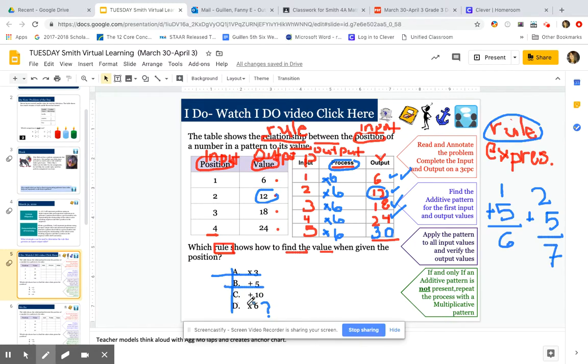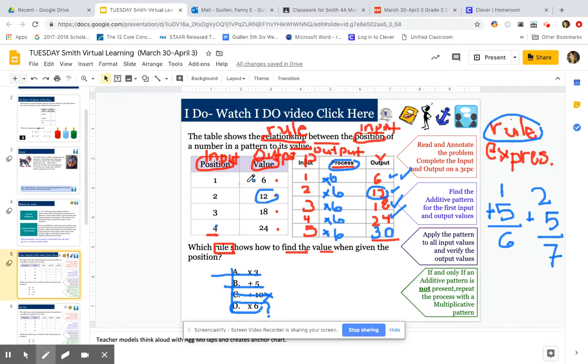Now, let's go ahead and say this one says plus 10. 1 plus 10 is 11. I have 6 as my output or as my value. So I know that can't be it. So now that I have found this, I just need to verify by making sure that all of my inputs or all of my positions equal my value or my output.